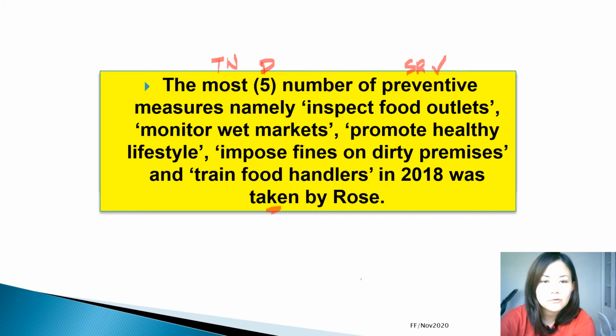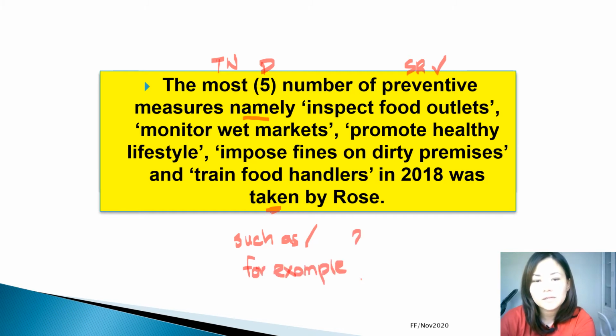Namely, when you are presenting the key feature for table 1, you need to use the word namely. Avoid using words like such as or for example, because this will lead to assumption.